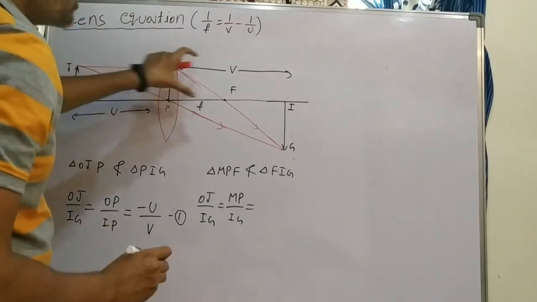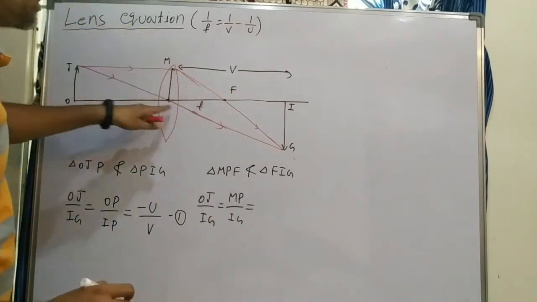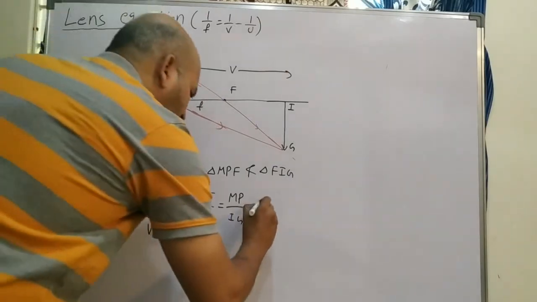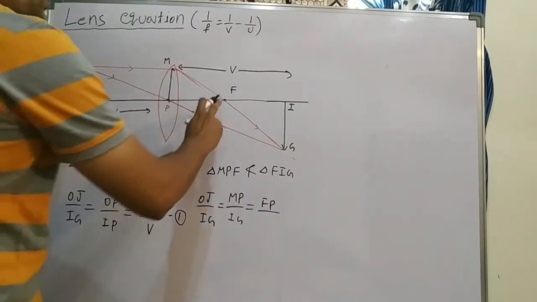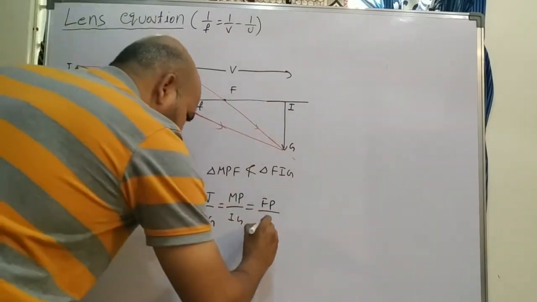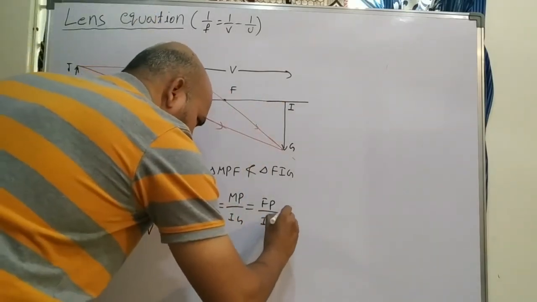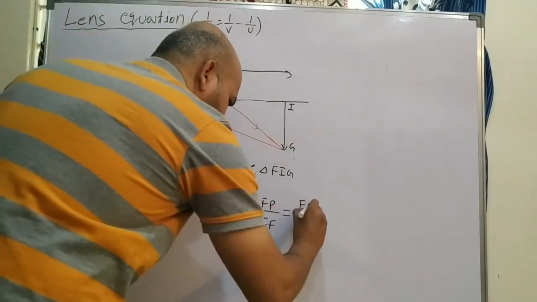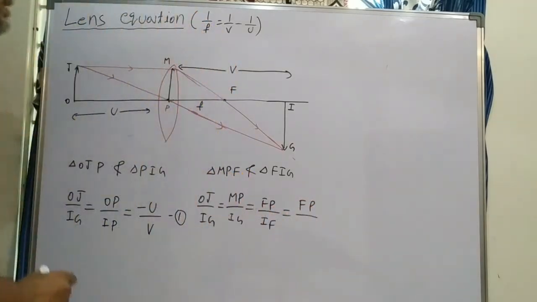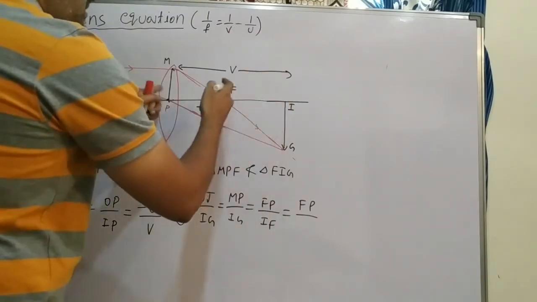That you write the same, which we can write as adjacent by opposite by opposite. Now the adjacent, that is FP by FI, which is equal to FP by IF. We can write this total minus this part.